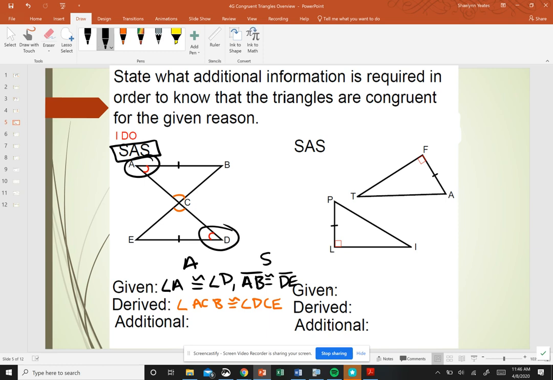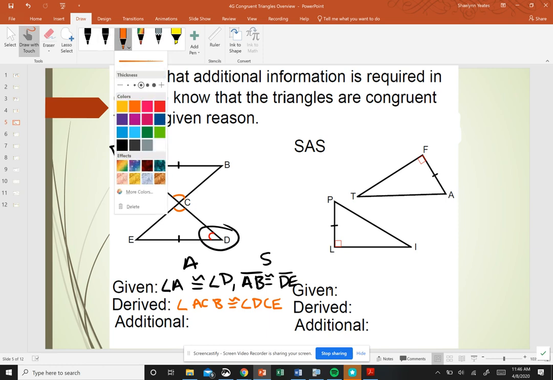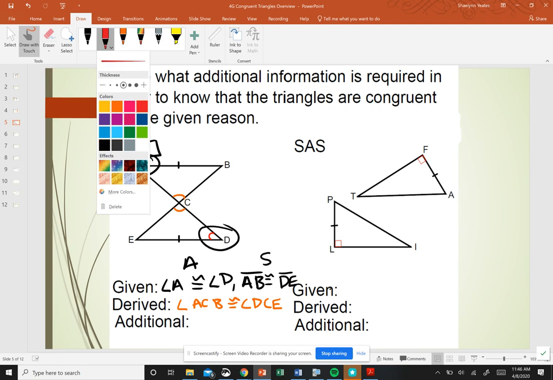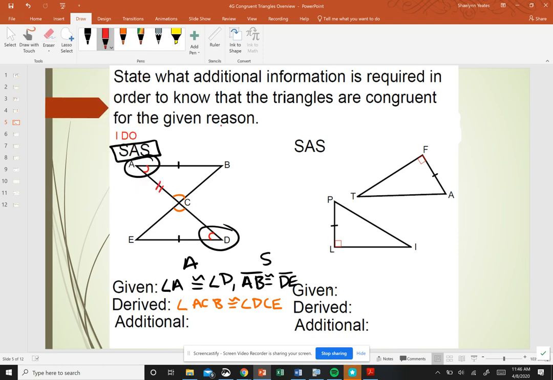Let me change my colors so that it's more obvious what I'm talking about. I need this right here to be congruent because this is side, angle, side. All right, so let's go ahead and write that. So it's AC is going to be congruent to DC. This is the additional information I needed to prove those two triangles are congruent by side, angle, side.